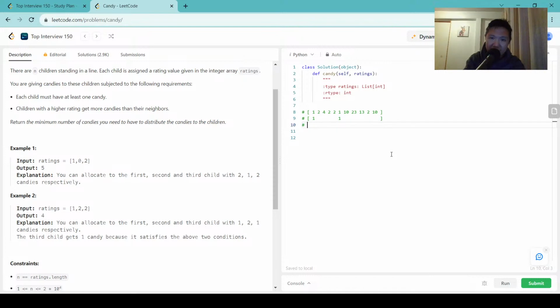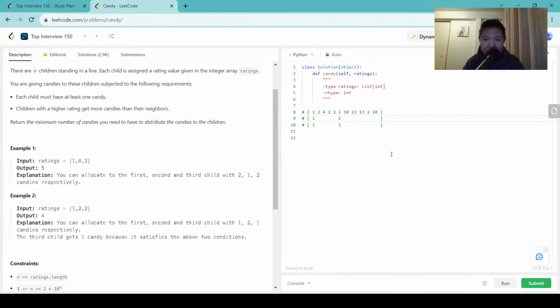And after we've done that, we now go to all the 2s. And so for each 2, what we're going to do is check what is the minimum number of candies they'll have to have. So this person has a 1 on their left.